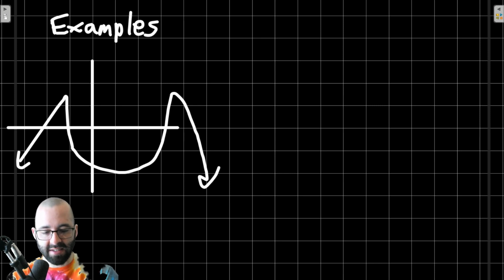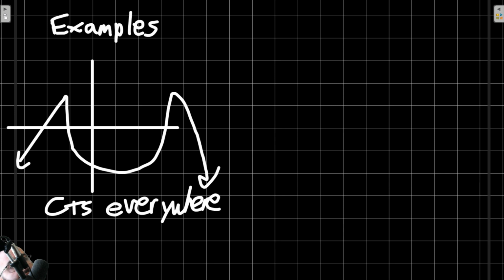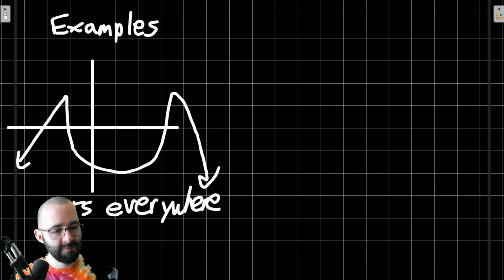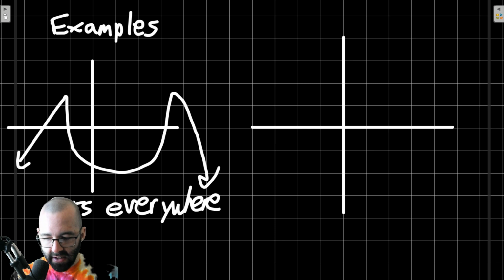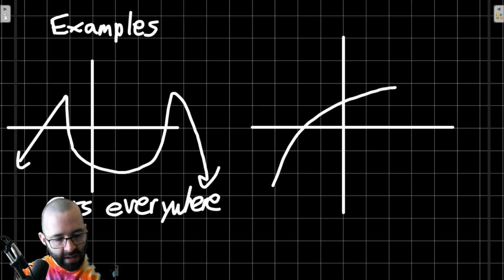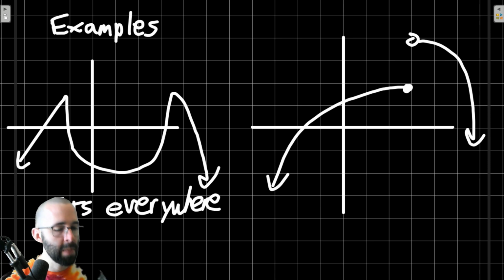All right, so this is actually continuous everywhere. Let's look at another one. Don't worry, I'll eventually give you one that is not continuous everywhere. Let's look at a function that looks like this, that has an open circle up here, kind of like two halves of a parabola.